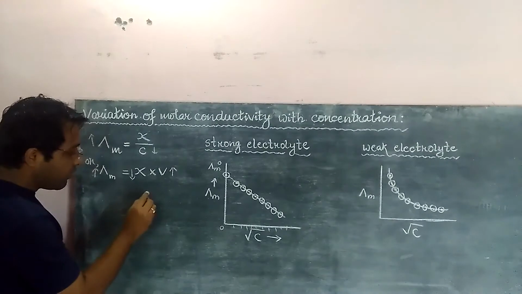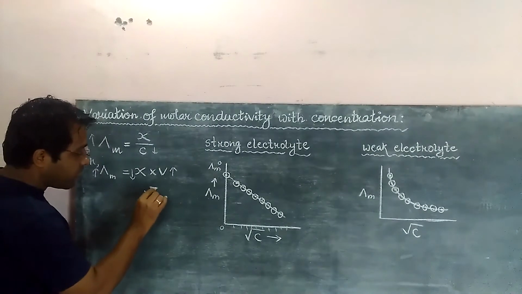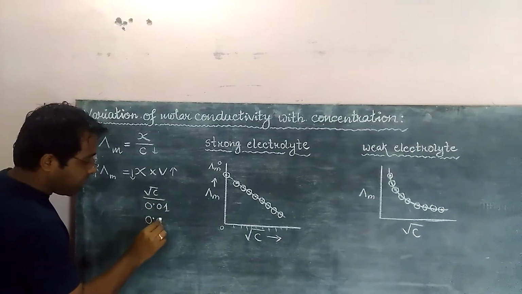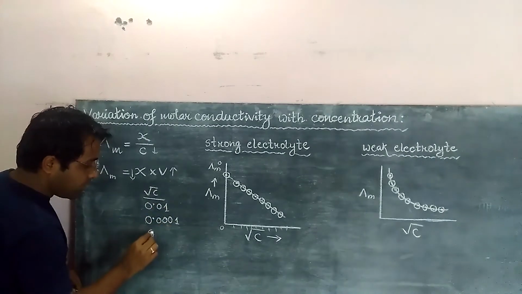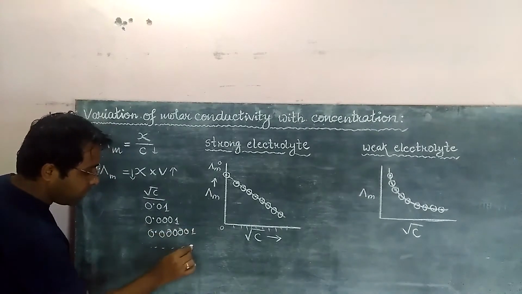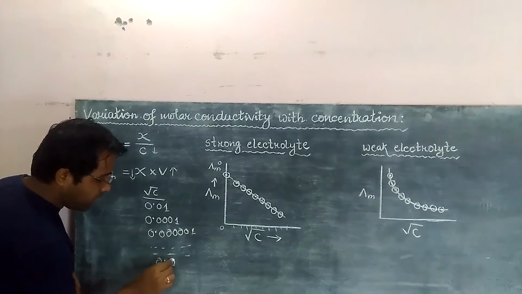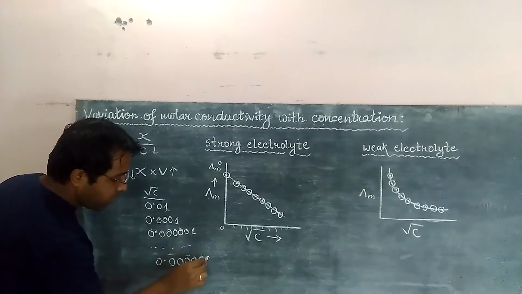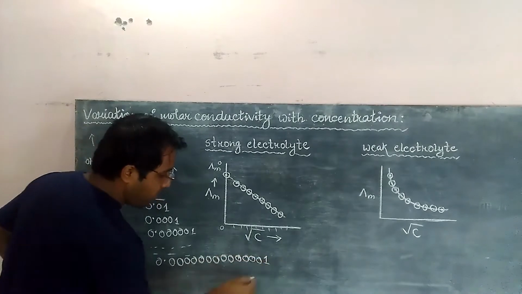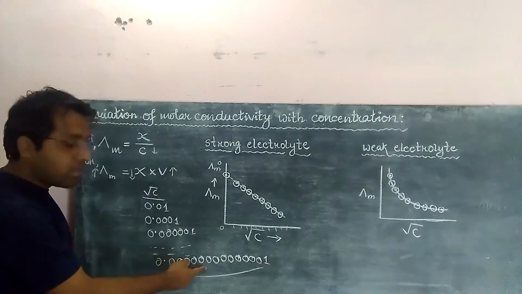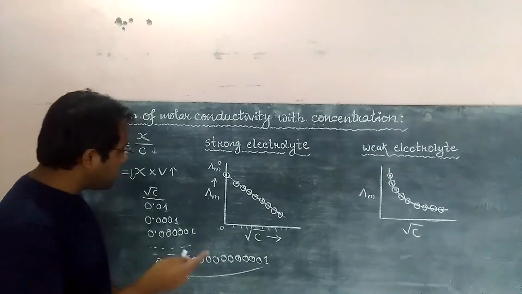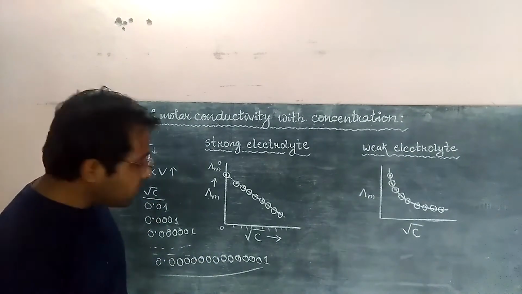If you consider the square root of concentration, that is 0.01, 0.001, 0.00001, this way, a stage will be reached when the dilution is too excessive, or we can say that the concentration approaches zero.